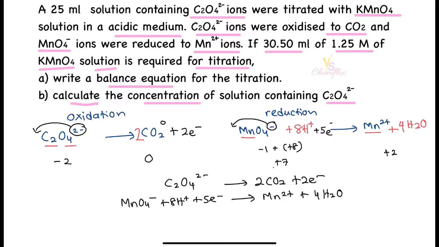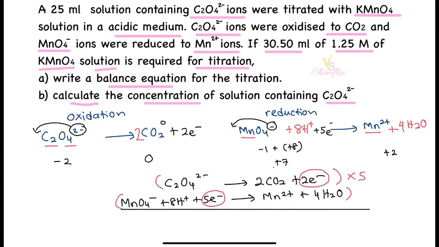Now, in order to combine these two equations, the electrons must be cancelled. How do we do that? As you can see, there are 5 electrons in the reduction equation and 2 electrons in the oxidation equation, and the lowest common multiple of these two numbers would be 10. Therefore, multiply the first equation by 5 and the second equation by 2. By doing this, it would cancel off the electrons on the left and right.